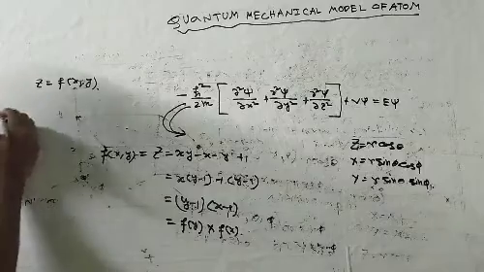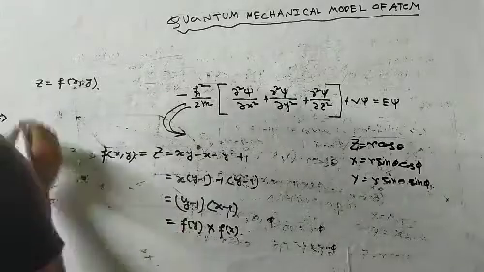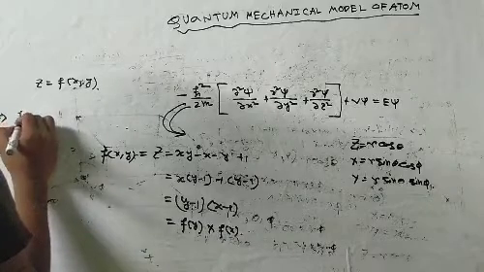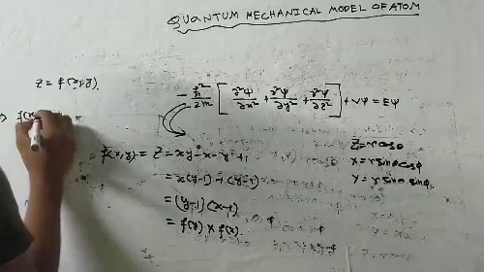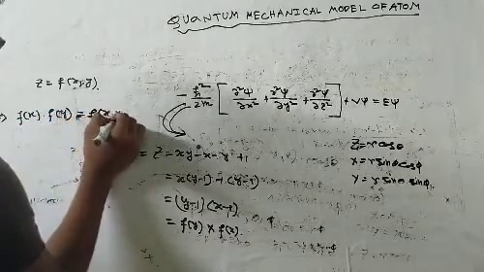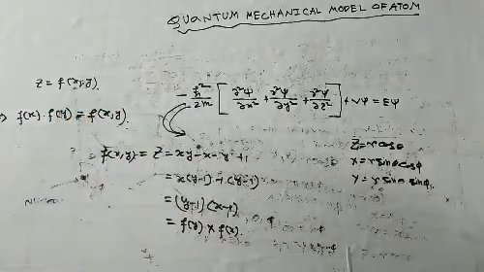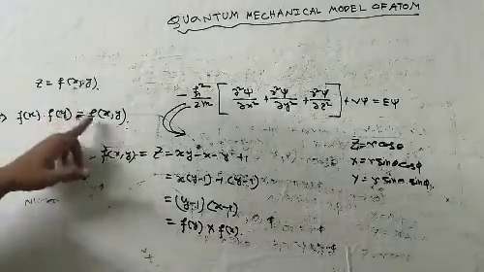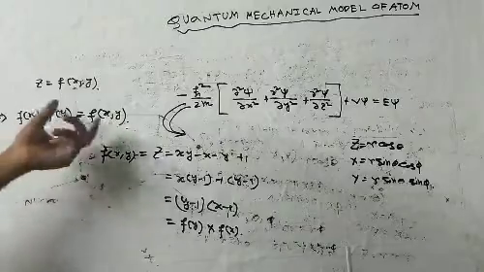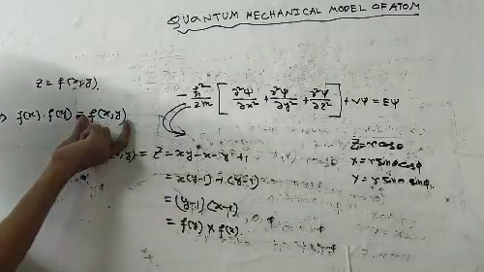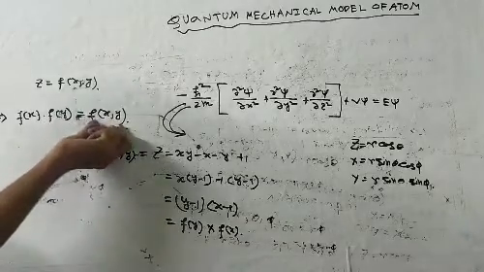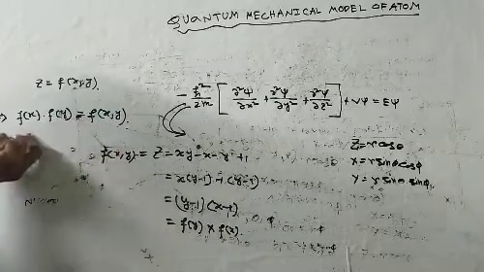Now by doing a little bit of rearrangement, I am getting z equals a function of x into a function of y. So what is happening here? At first z equals a function of x, y. Now this function of x, y is equal to a function of x into a function of y. So I am separating x and y into two different functions.